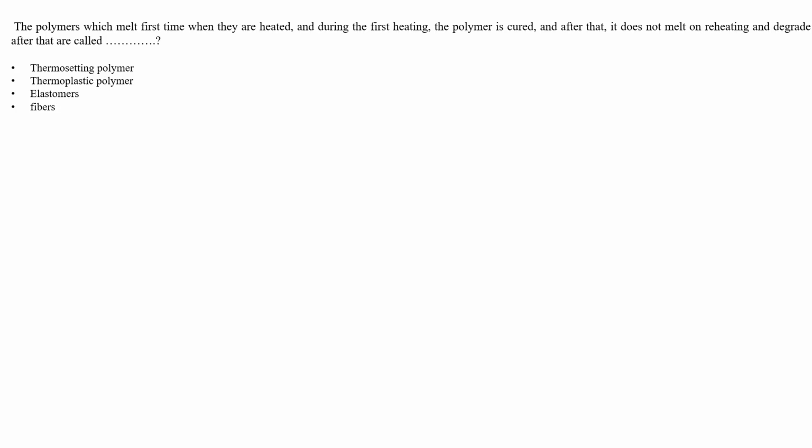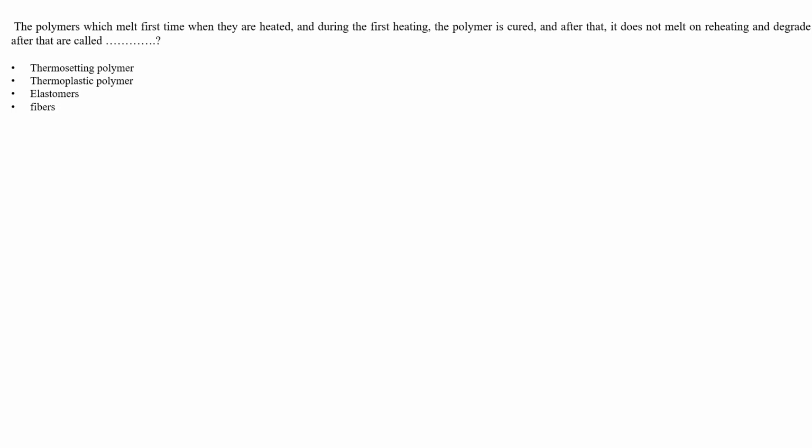That is the reason why they are termed thermoplastic polymers. Thermoplastic polymers are very common in our life. Many household items are made of thermoplastic polymers because their application is not at very high temperatures. And since high temperatures are not encountered, we don't need that kind of thermal strength in the material itself.